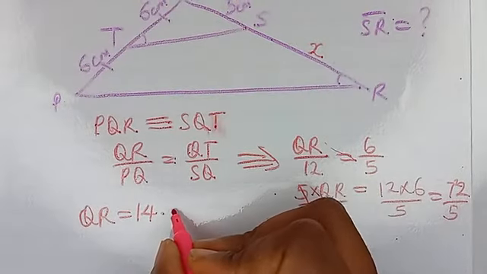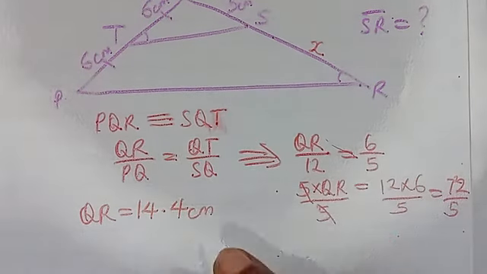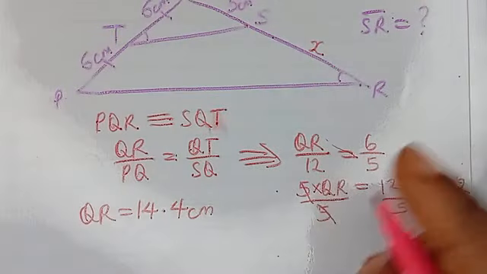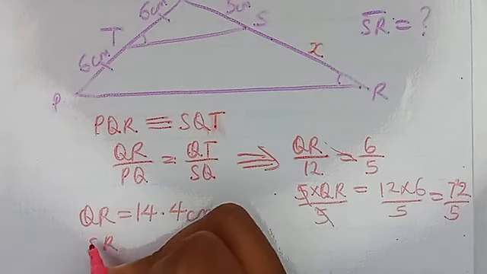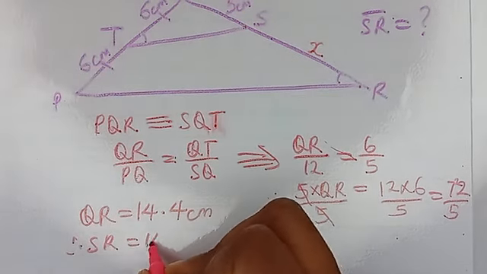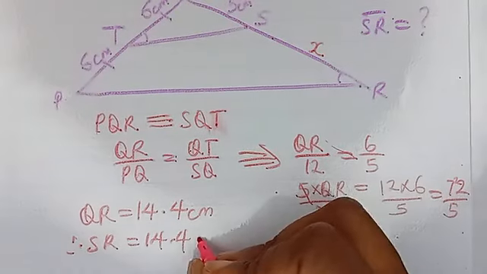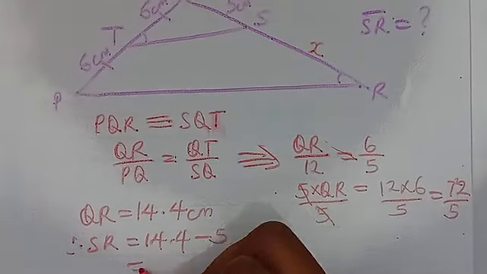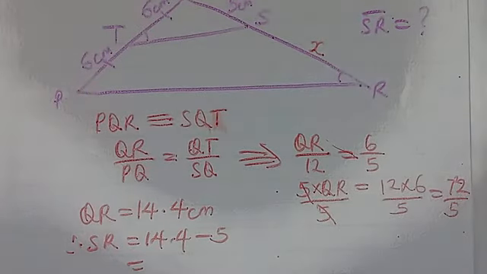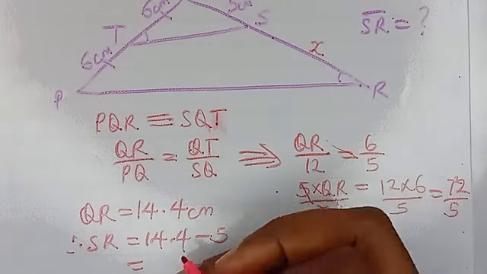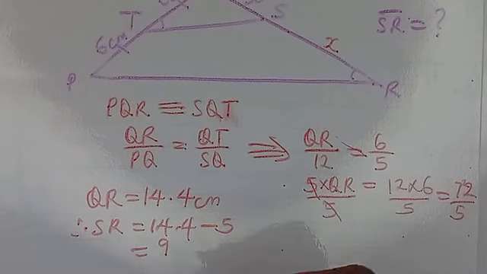Point, okay, 4 again. So 14.4 cm. Remember that we said that QR is the whole length. So the side we are looking for, which is SR, is that whole length minus this given one, minus 5. 14.4 minus 5 is 9.4. So we have that SR is equal to 9.4.